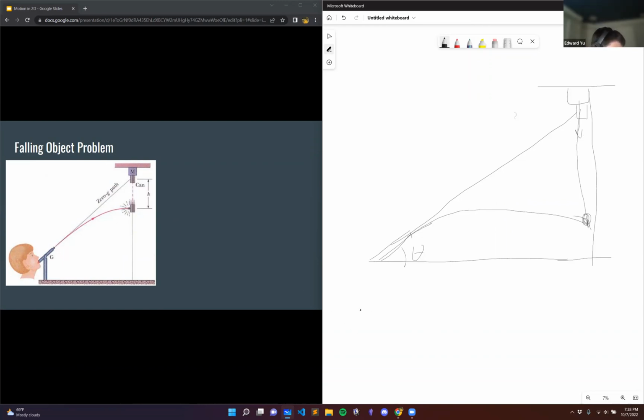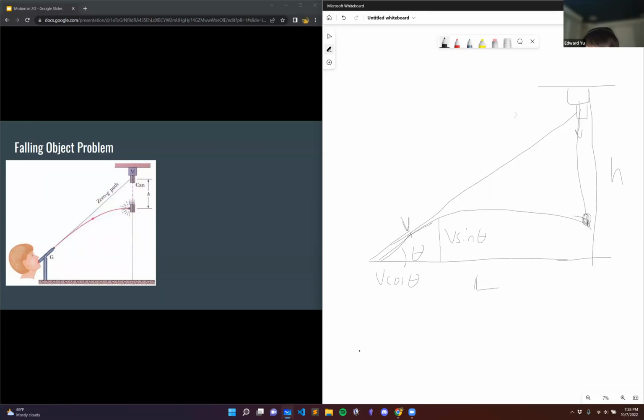First of all, we know that this is some kind of length and this is some kind of height. And then we know that this is shot with initial velocity, and these are v cosine theta and v sine theta.